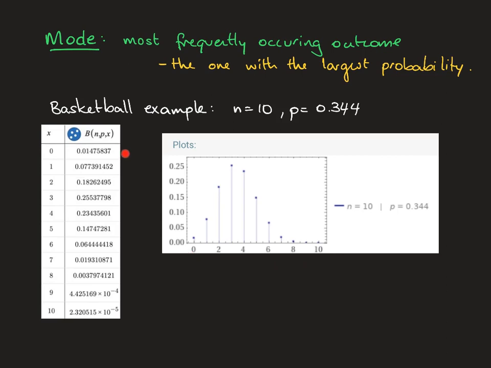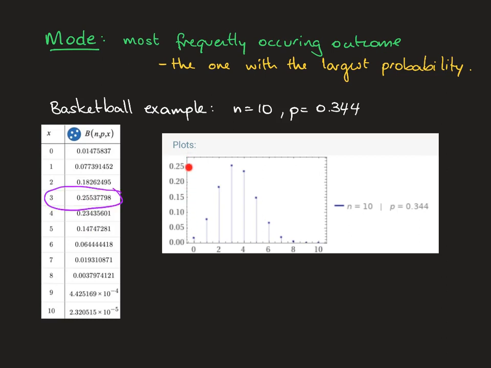From the table of probabilities, we're looking for the largest probability. So 0.01, 0.07, 0.18, so they're getting bigger. 0.25, 0.23, 0.14. So the biggest one is actually this one here.